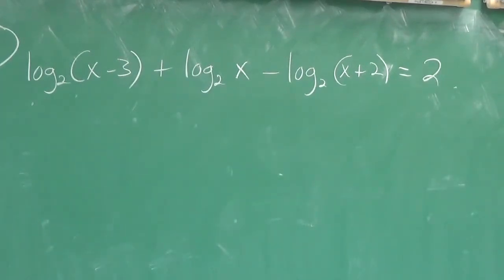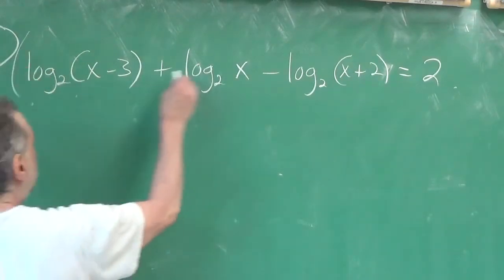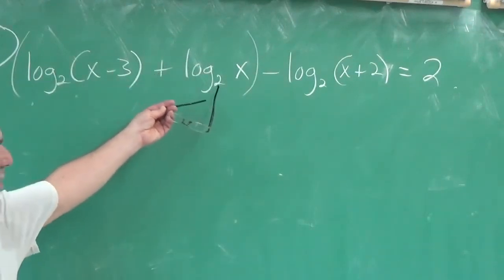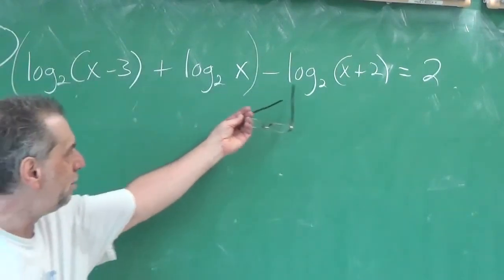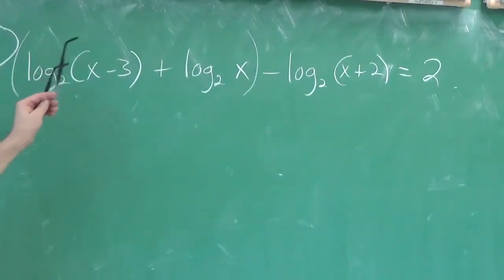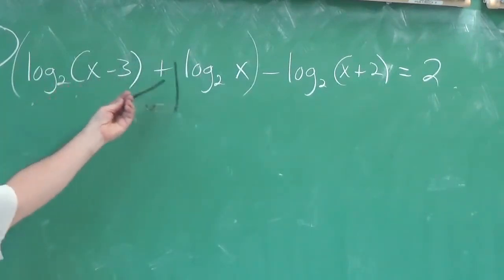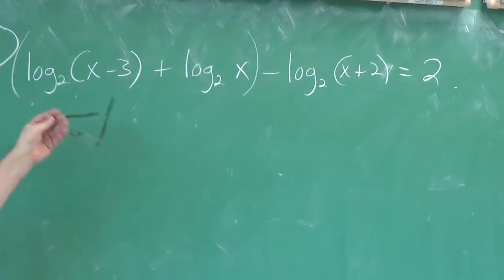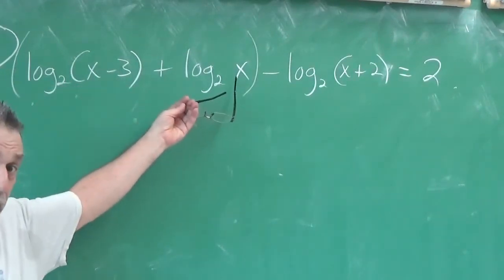You can deal with this in a couple of different ways. You can gather these 2 logs together and use the product rule in reverse. Logarithm of something plus log, it has to be the same base, and these bases are all the same. So this is the product rule. We can combine this into one logarithmic expression, remember, condensing. So this would be x minus 3 times x.